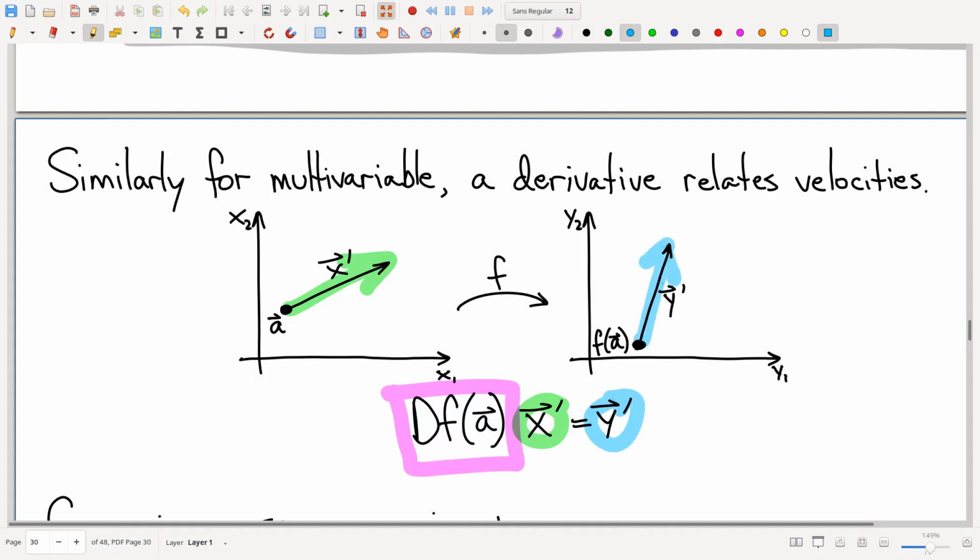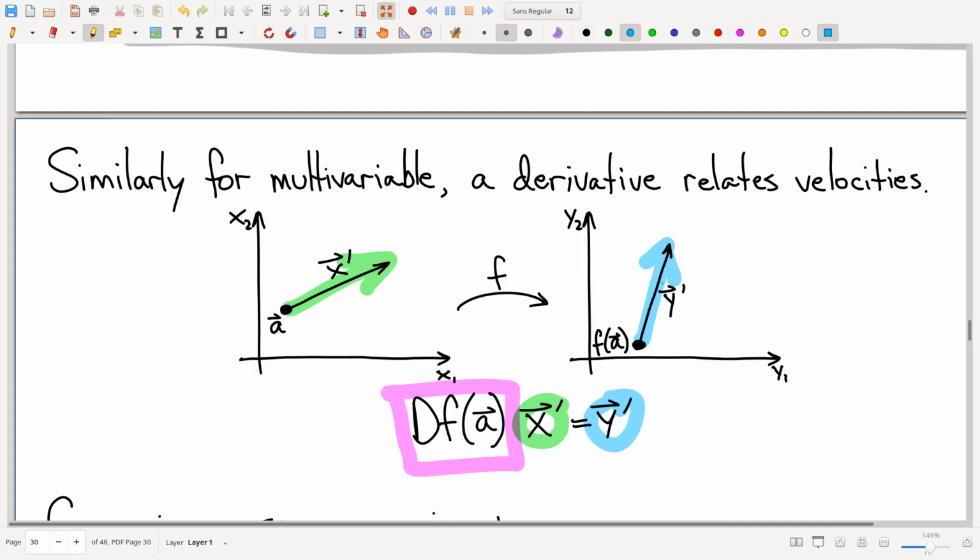Now, this is different. In this case, we're talking about an input velocity that is a vector, not a scalar. And we're talking about an output velocity that is a vector, not a scalar. And we're talking about a factor that I multiply by one to get the other, that factor being a matrix, not a scalar. So these are different objects.